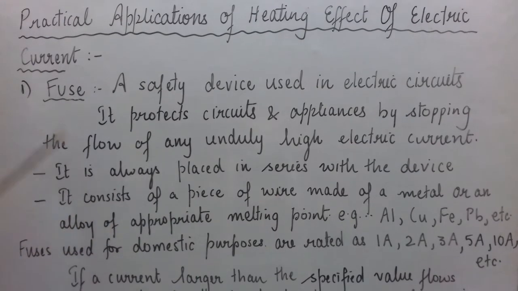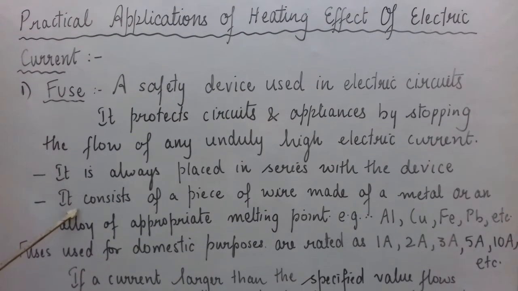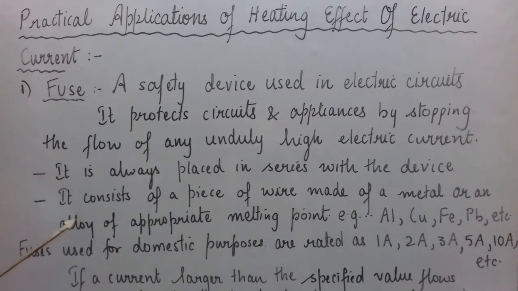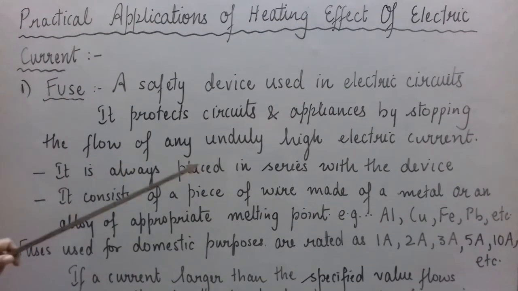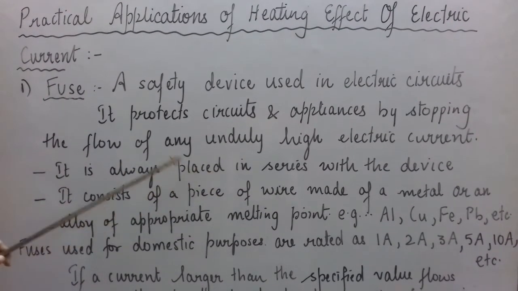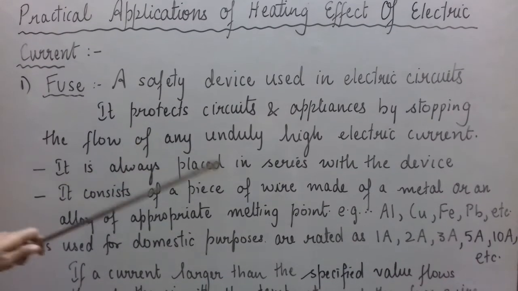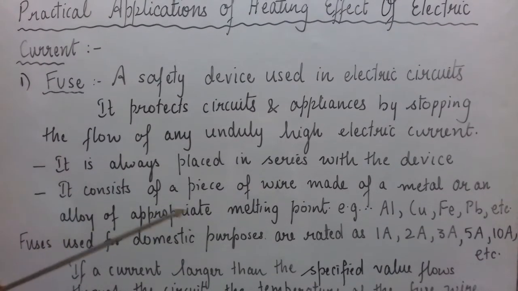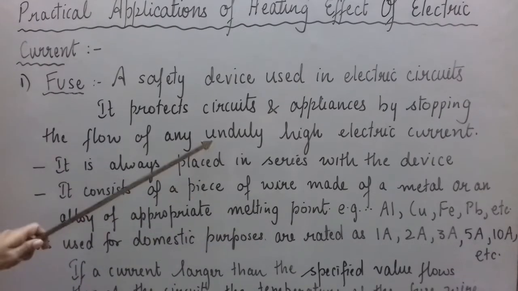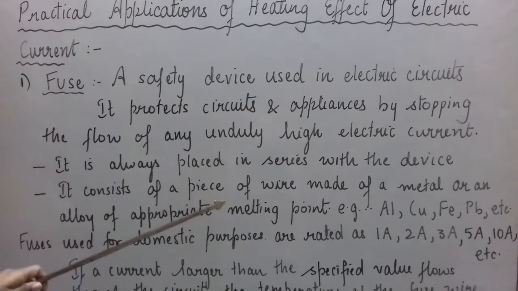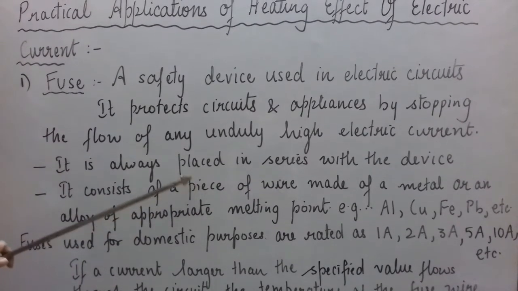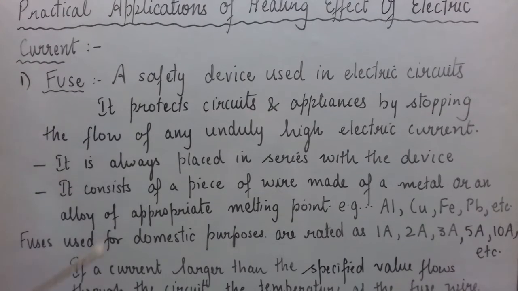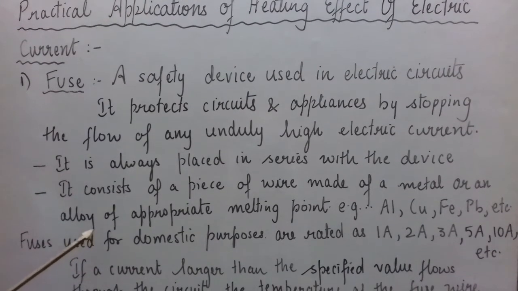Now, how is a fuse placed? We know that in a series electric circuit, the same current flows through the circuit and so through all the devices which are connected in the circuit. So a fuse is always placed in series with the device, because if any high current flows, then this wire, which has an appropriate melting point, gets melted when high electric current flows through the circuit, and then the circuit is broken and the appliances will be protected or saved.